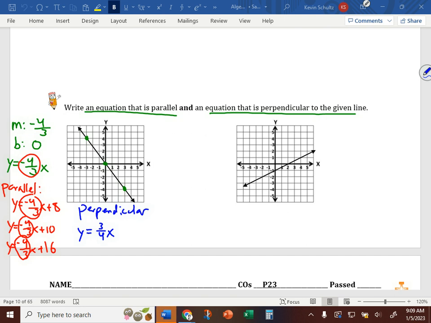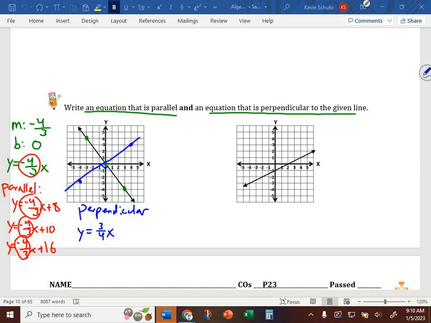It can still have the same y-intercept, but if we plot this, it's going to make that right angle, okay? And it can pass through 0. Okay, so the y-intercept can be the same for this one.